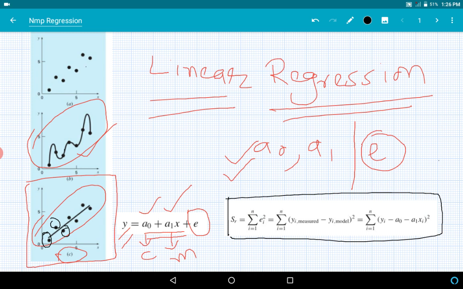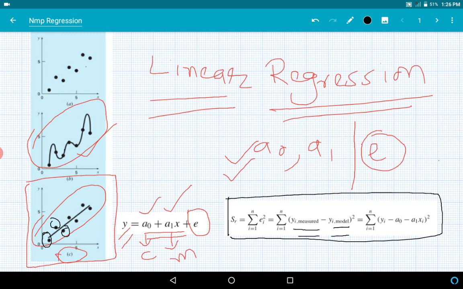ei squared. What is ei? ei is the error or the residual, that is the measured value minus the predicted value. Measured is the actual value minus the predicted value. Even if I change this to model minus predicted, the sign will remain the same, right? So measured minus predicted value, squared. This will be for every point, so point 1, 2, 3, 4, 5, 6, 7.